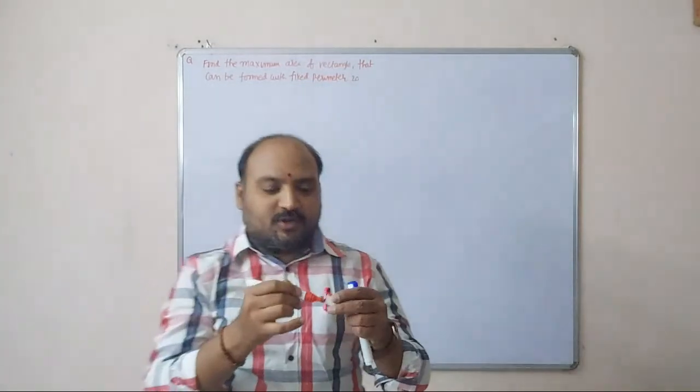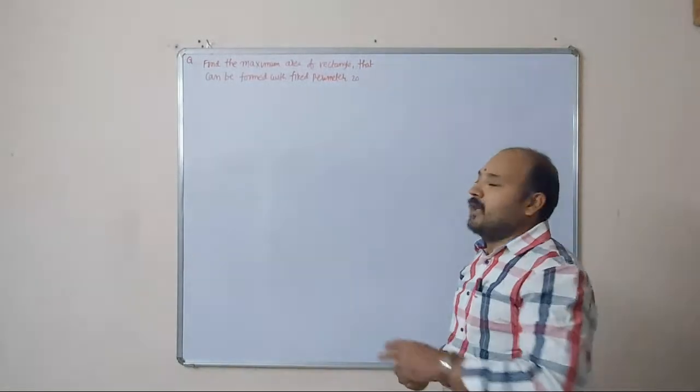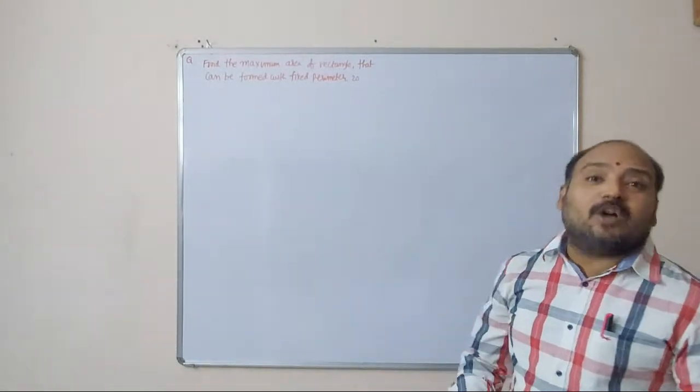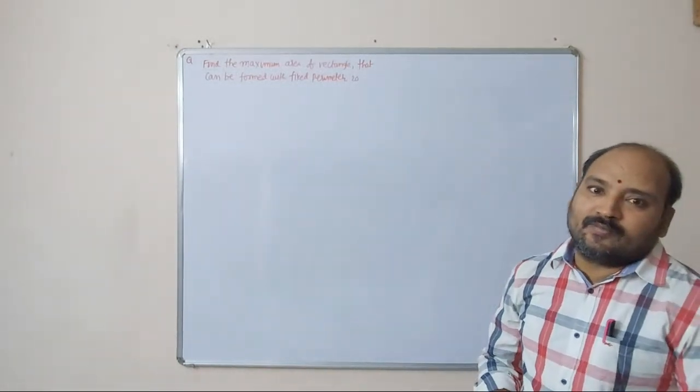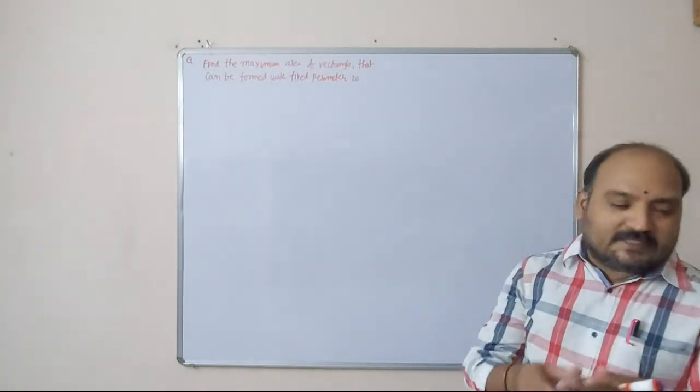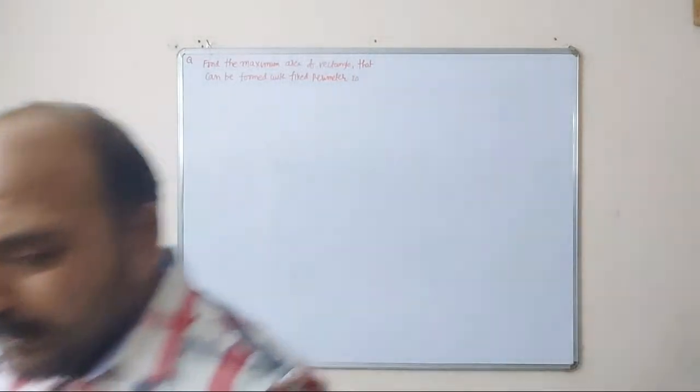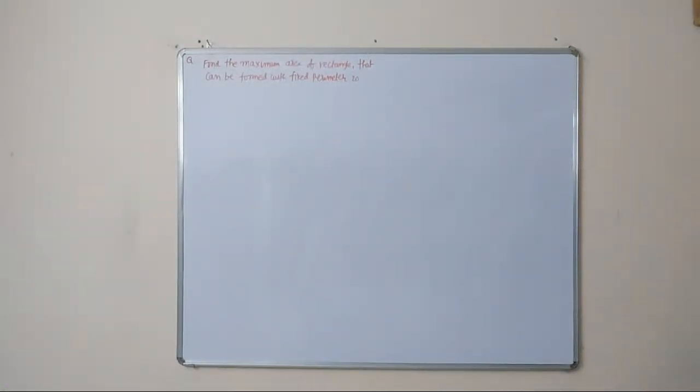So this is the question, dear students. Example problem in maximum minimum. This question was also asked in previous years. Find the maximum area of the rectangle whose perimeter is given.